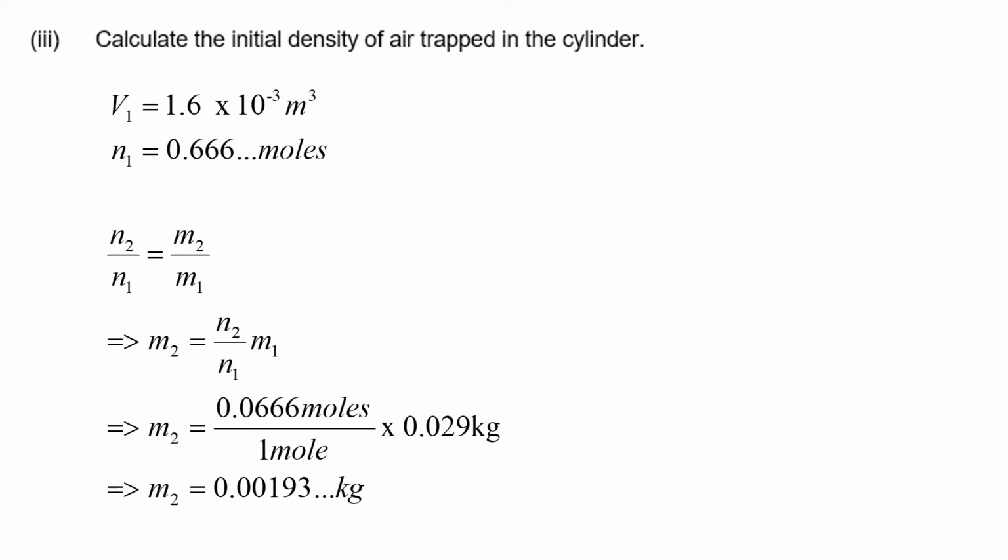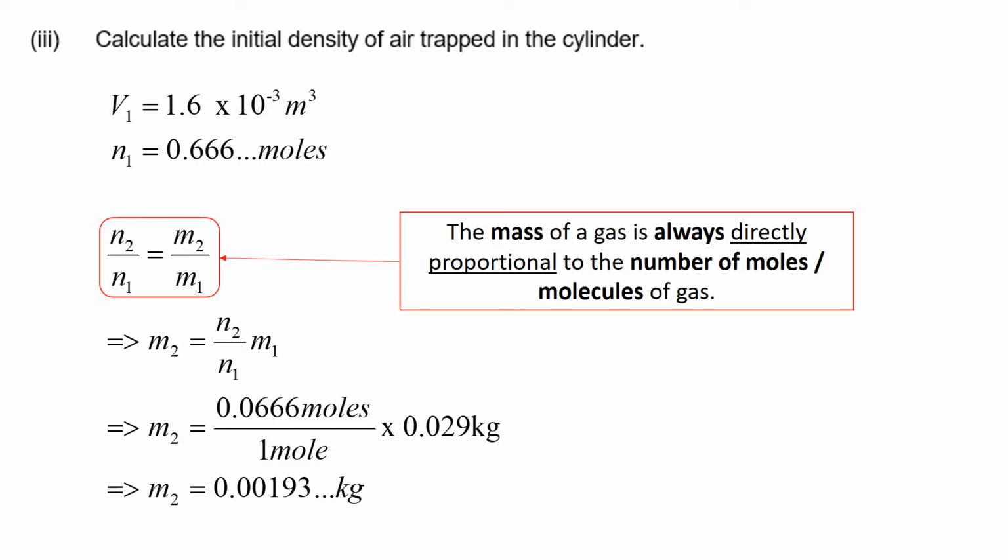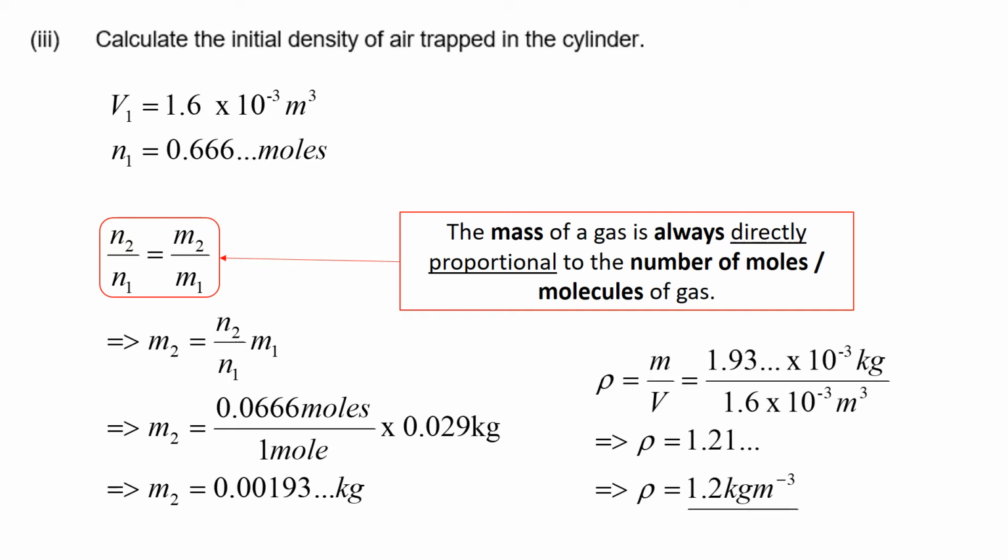When we plug those numbers in, we end up with a mass of 0.00193 kilograms there. So again, we're just using the fact that mass and number of moles are directly proportional. Now we've got the mass, we can figure out the density because we know the volume as well. And it comes out as 1.2 kilograms per meter cubed.